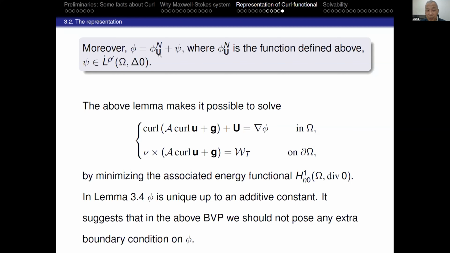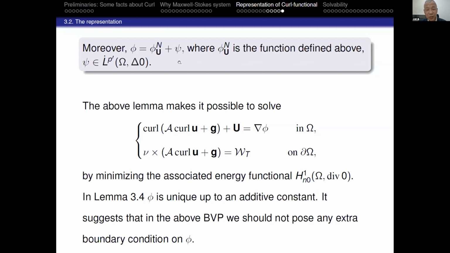These two functions, phi_U^N and psi, both have trace on the boundary, so we have a little more information on the representation phi: it has a trace on the boundary.